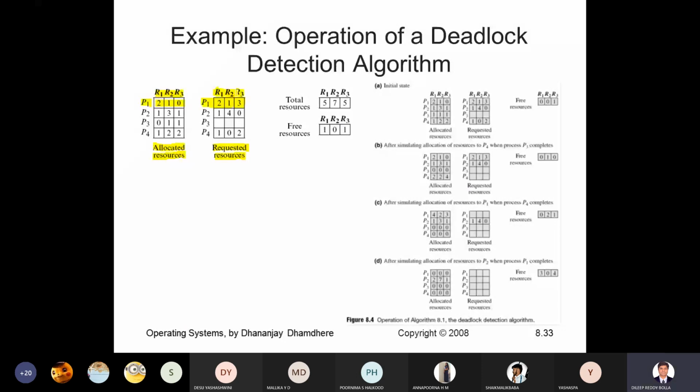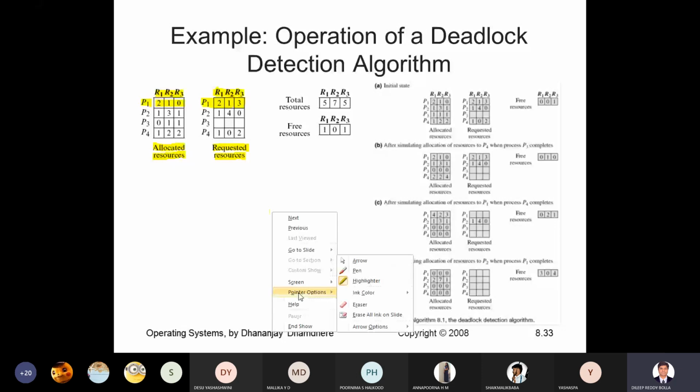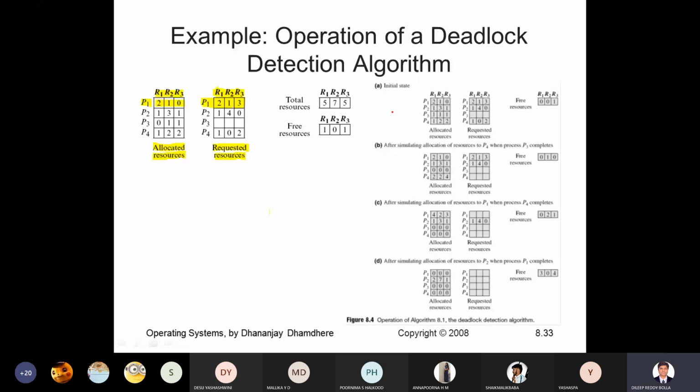Now let us confine to this and see what is happening here. If you look at this corresponding portion, 210 is the same as this 210, and 213 is the same as 213. This one here, 140, also is 140.